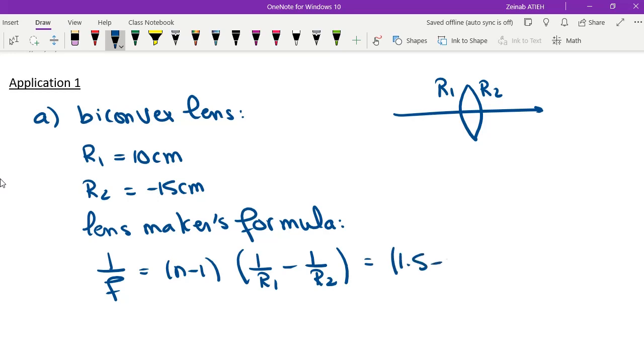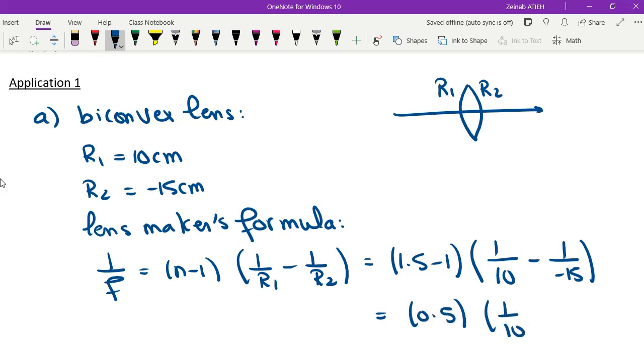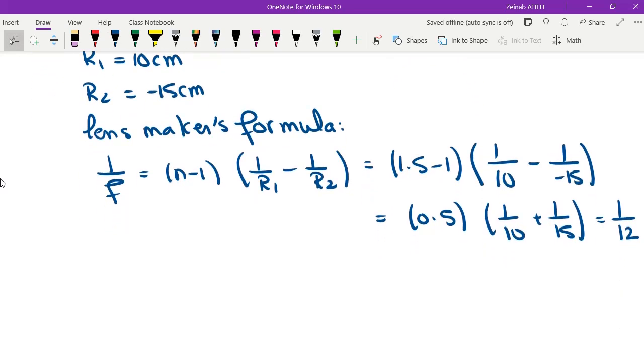So 1.5 minus 1, times 1 over r1, which is 10. I've kept them in centimeters. It's okay. We will get f also in centimeter. Minus 1 over 15. So it's 0.5 times 1 over 10 plus 1 over 15, which will be, I've done my calculations, 1 over 12. Okay, so you can see 1 over f equals 1 over 12, so f is equal to 12 centimeter, and f is positive as we did expect.